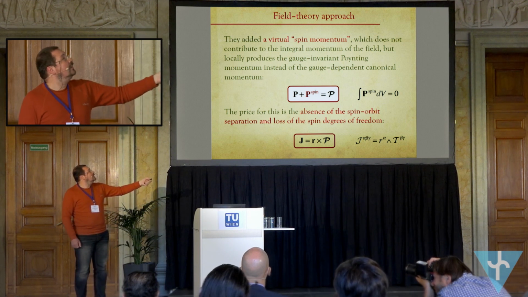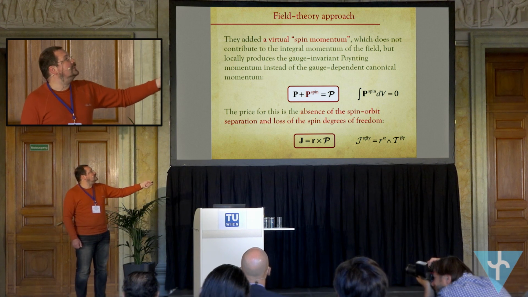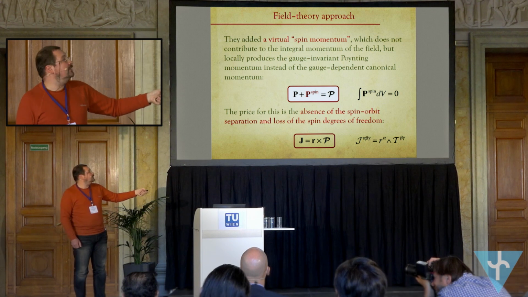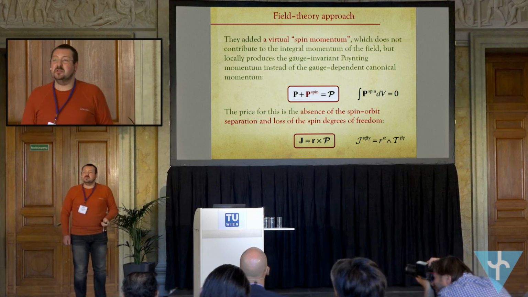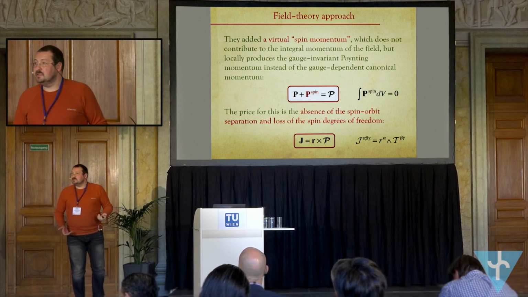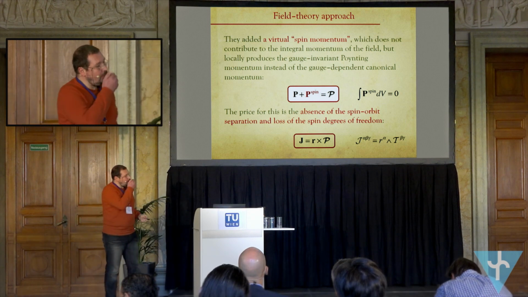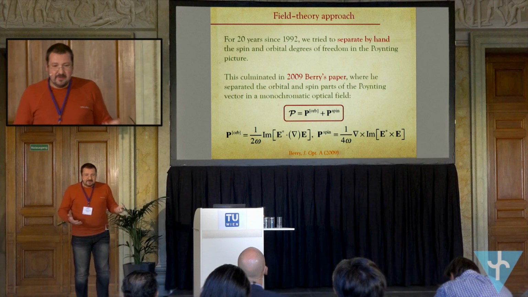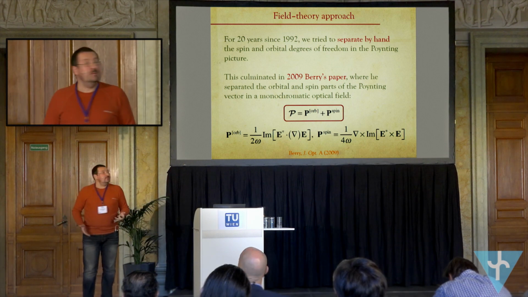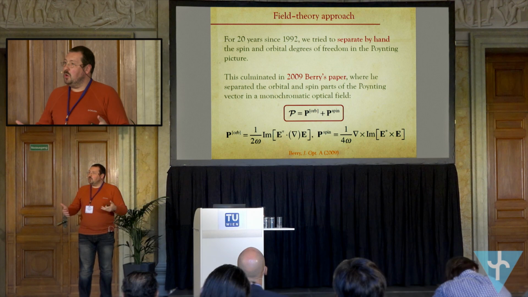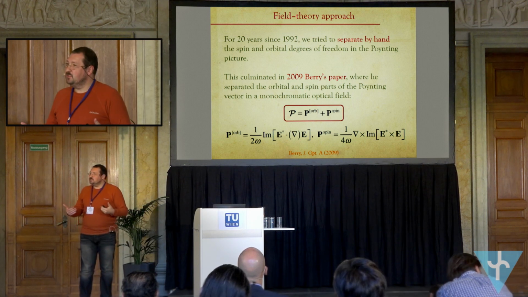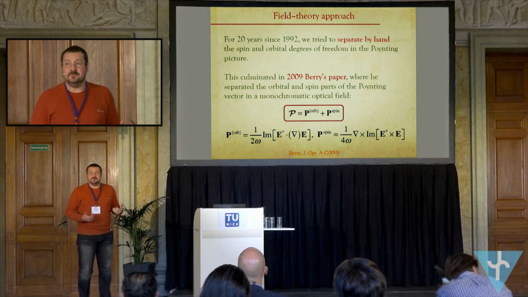So instead of the canonical relativistic momentum density, we obtain the Poynting vector, and instead of spin and orbital degrees of freedom, we have only the total angular momentum without an independent spin of photons. And having this picture from the very beginning, the Poynting approach, for 20 years in our optical angular momentum community, we tried to separate spin and orbital degrees of freedom by hand.